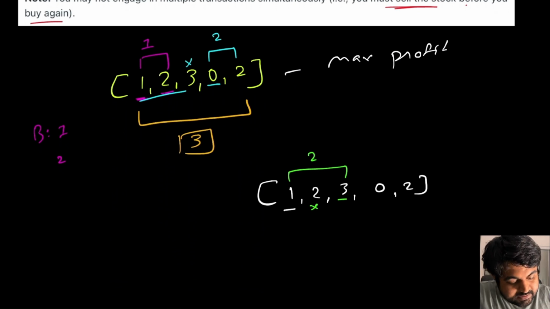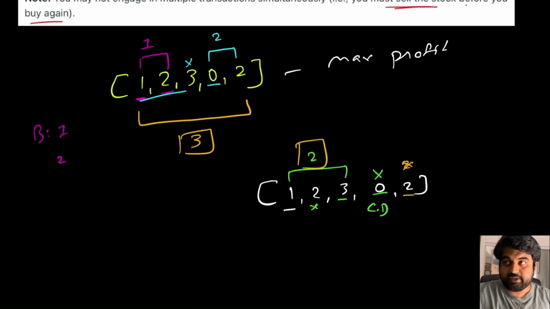Why? Because then we cannot buy stock on this day because of the cooldown condition, and then we are at the last day. So even if we buy the stock, we are just diminishing our profit. Let's say we don't do anything on this day, still the maximum profit we can achieve is going to be 2 in this case.